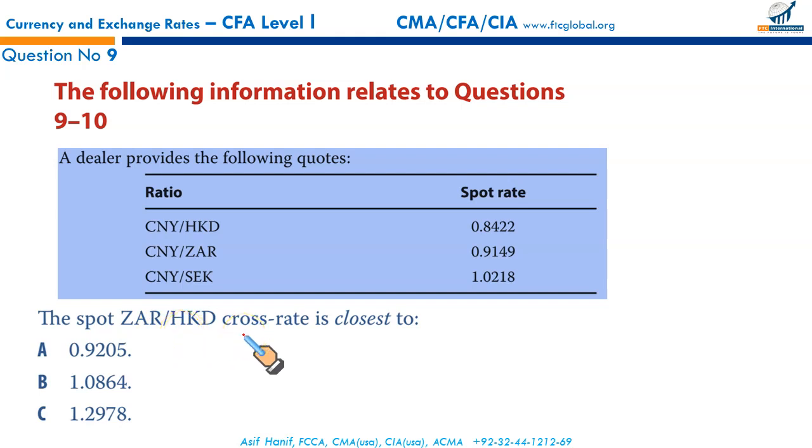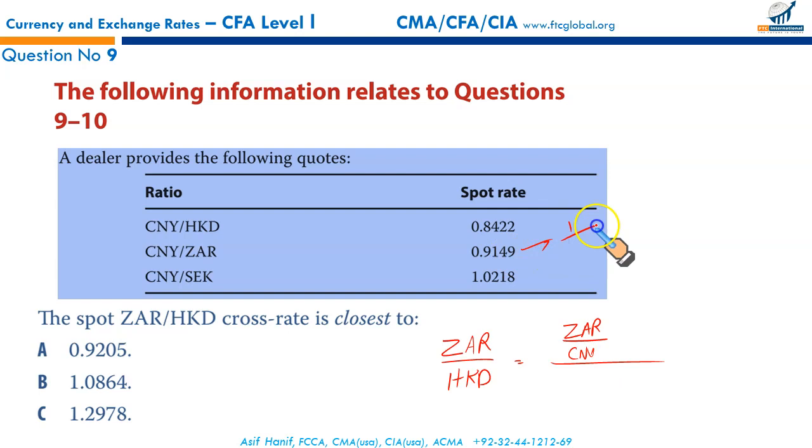Well, the easiest way to do it, just identify what the desired numerator and the desired denominator, and then just play around with these fractions. I need a South African rand in the numerator, so this is the one. What I do, if I write it as South African rand per CNY, which means I will be using 1 upon 0.9149, right?